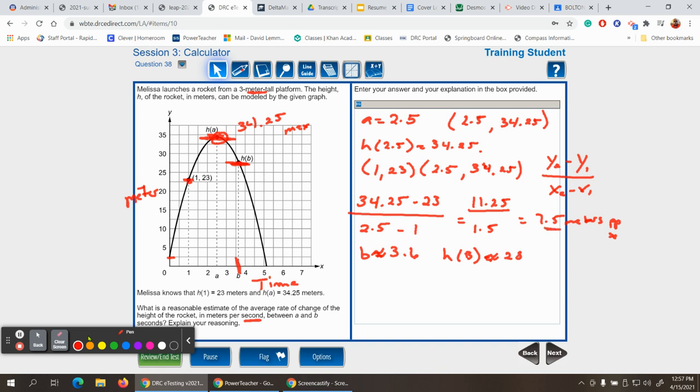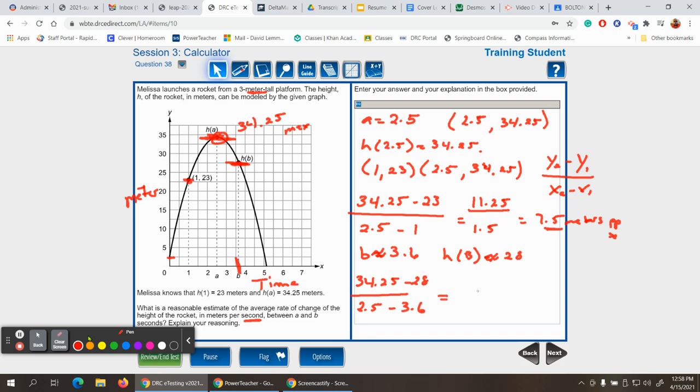So we know what our rate of change is. Here is our next point. So we just have to simply determine, hey, so what is it? So let's apply that. We'll say 34.25 minus 28. And then we're going to say 2.5 minus 3.6.